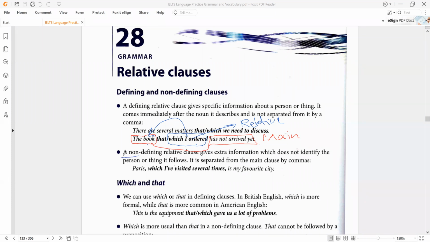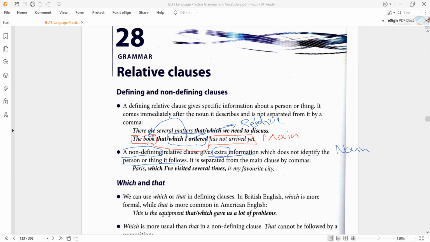Non-defining الغير معرفة gives extra information which doesn't identify the person or thing it follows. It doesn't identify the noun. تعطي extra information. وهذه كلمة extra هي التي تكفي فقط في التعريف. Not like this one. The book which I ordered فيها علاقة which I ordered. هنا it is a direct relationship with the book.